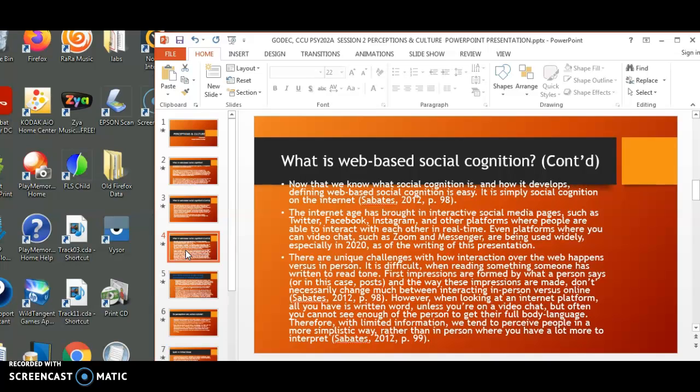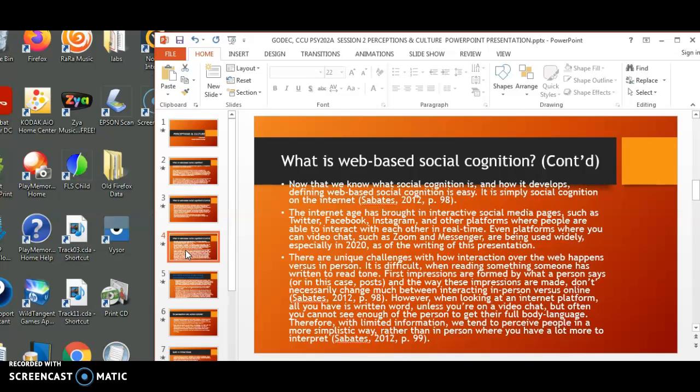And you cannot read tone on the internet, but you certainly can read tone when you are speaking to a person face to face. So what you're looking at in that particular case is that while we have limited information on the internet, we still have the same desire or maybe subconscious perceptions of people.